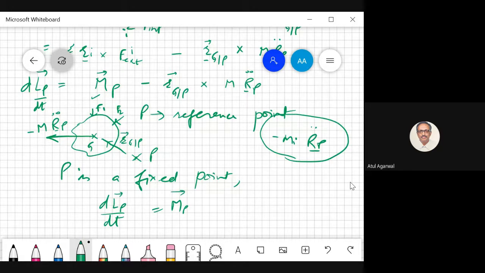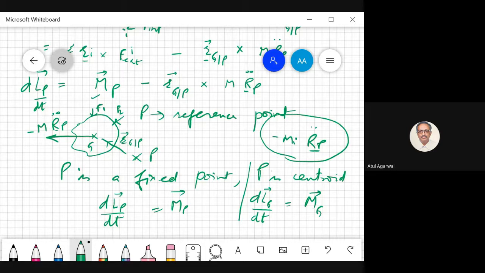If P is a fixed point, suppose P is the centroid, then what will happen? Your dLg by dt, you are calling the centroid as G, is equal to, what is the distance between P and G? Now P and G are the same, so this term goes to 0. Is it all right?